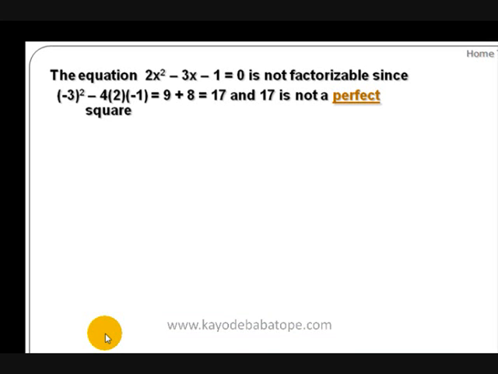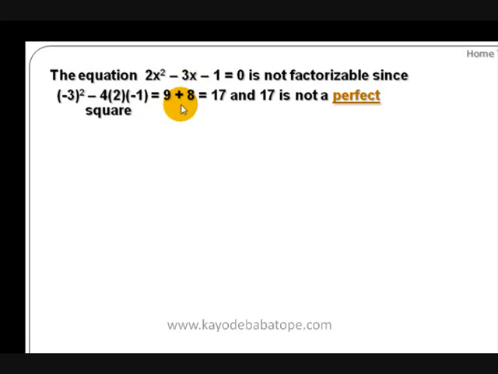Now, let's look at another example. Look at the equation 2x squared minus 3x minus 1 equals 0. In this case, a is 2, b is minus 3, and c is minus 1. So if we do b squared minus 4ac, we will have minus 3 squared minus 4 times 2 times minus 1.